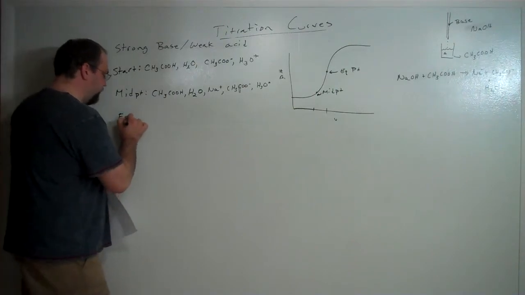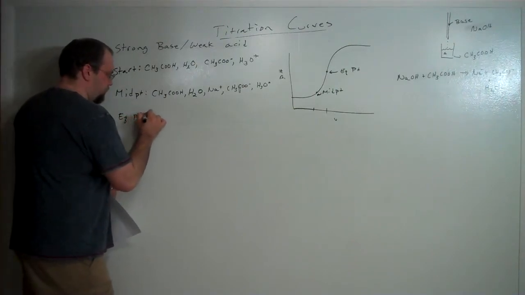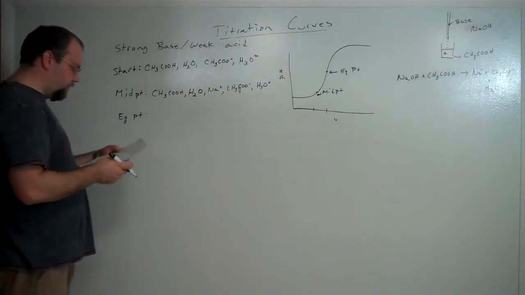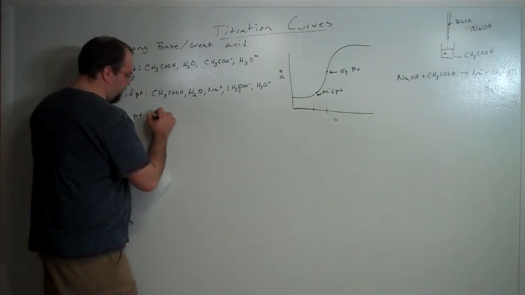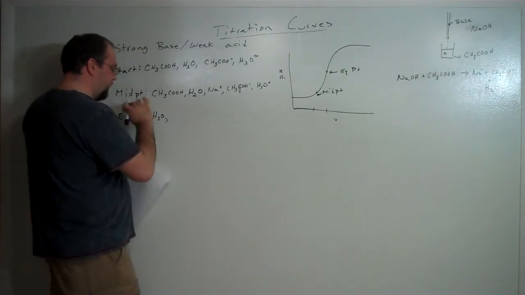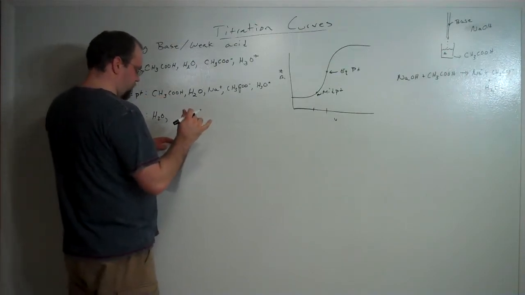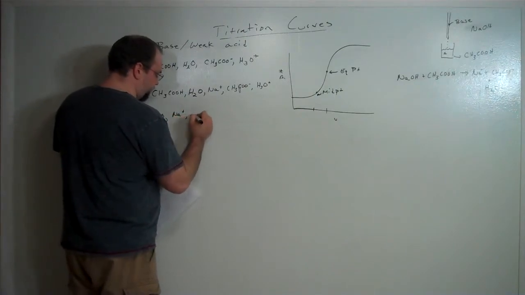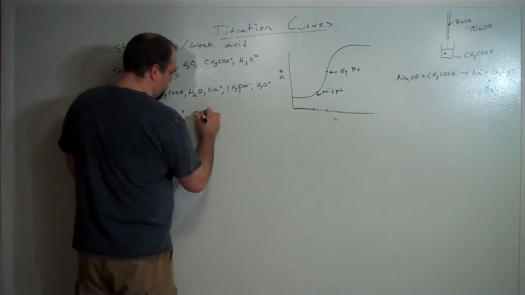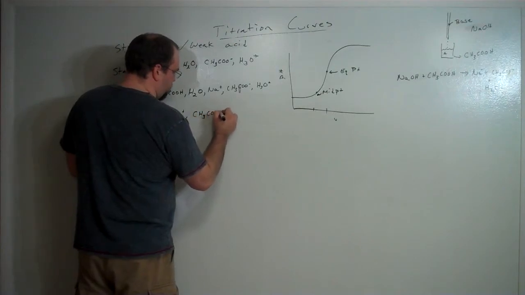At my equivalence point, all of my acid will have reacted with all of my base. So all I'm going to have present is my water, let me get that out of the way first. I'm going to have some Na plus and CH3COO minus.